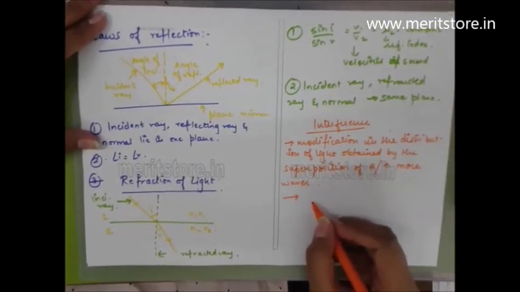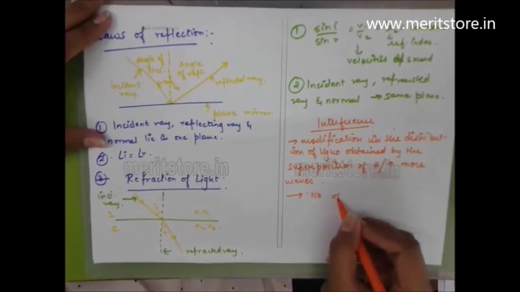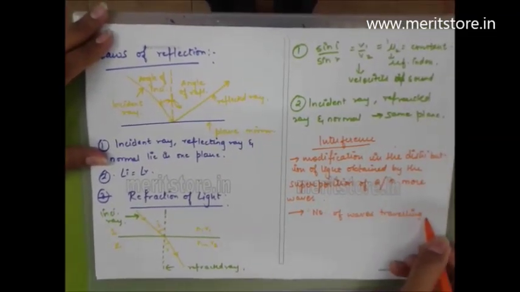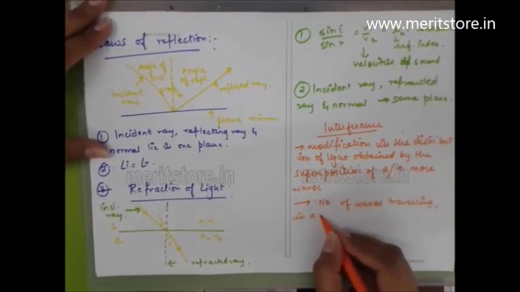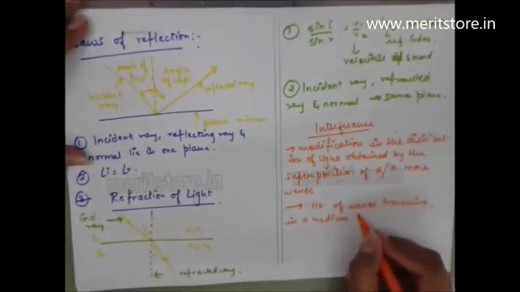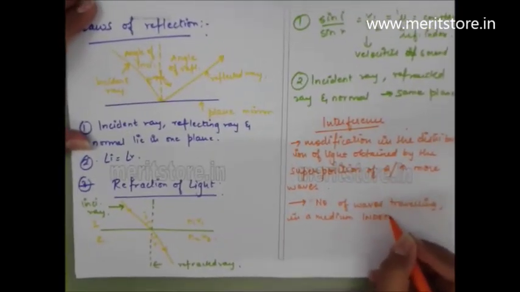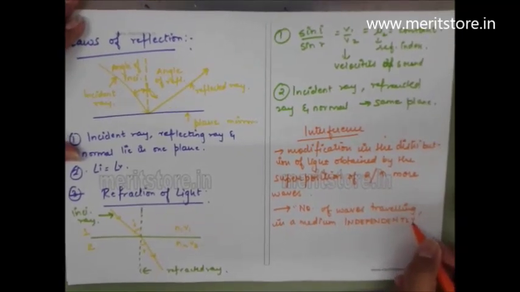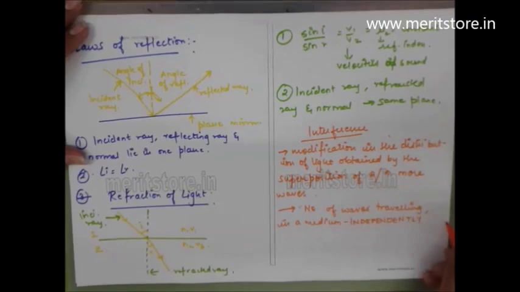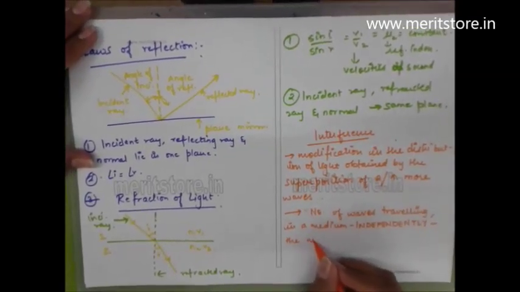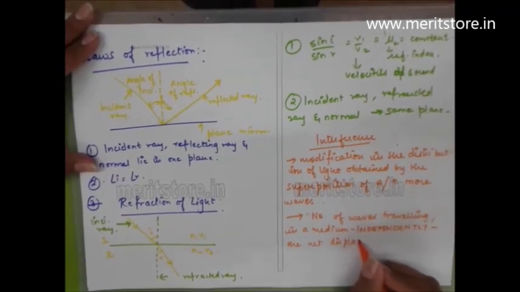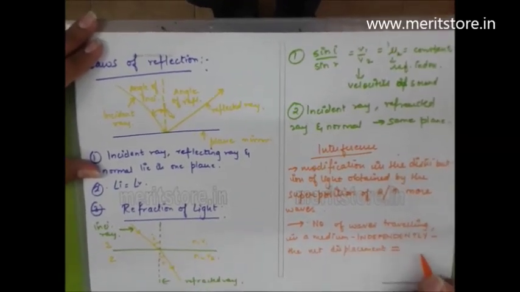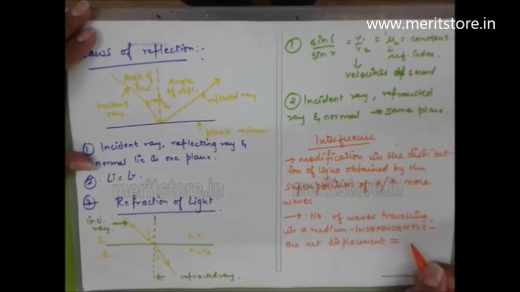The principle states that a number of waves traveling simultaneously in a medium behave independently of each other, and the net displacement of the particle at any instance is equal to the sum of individual displacements due to all the waves.